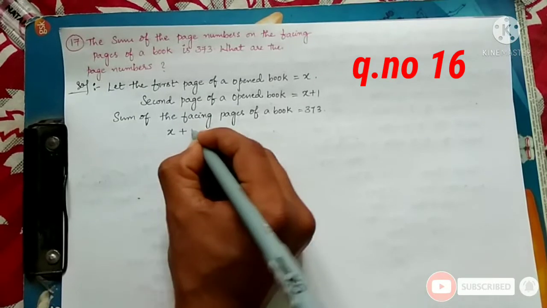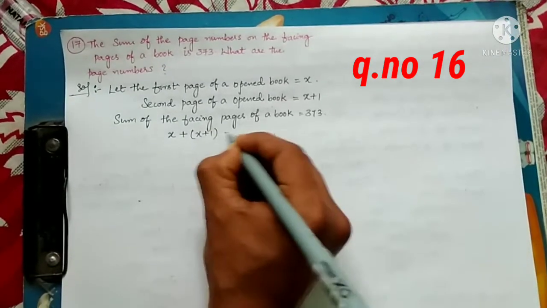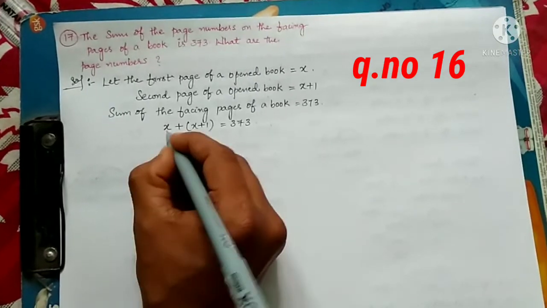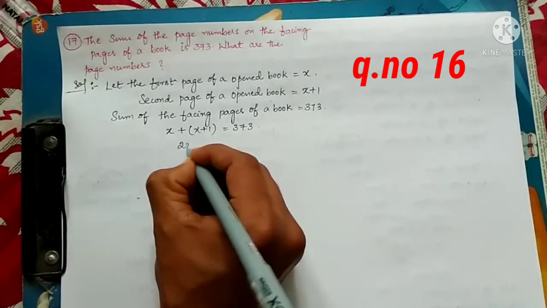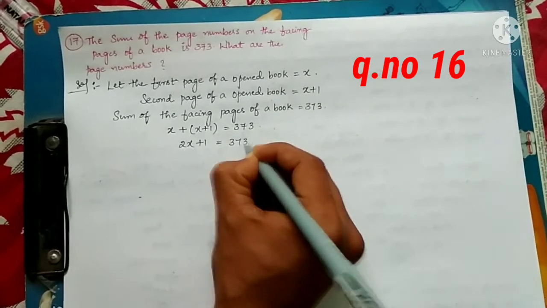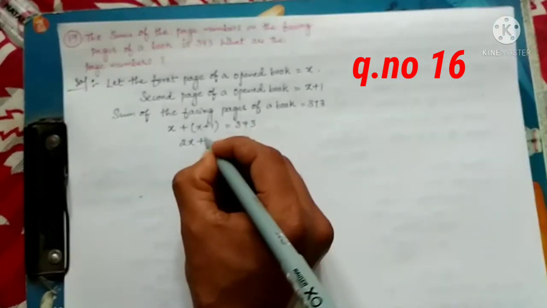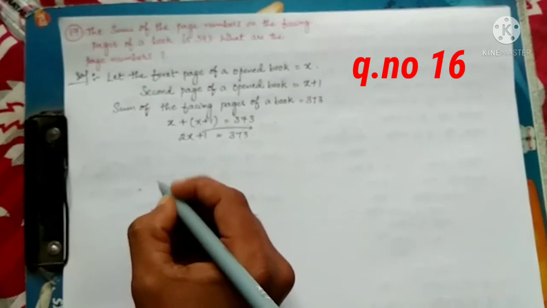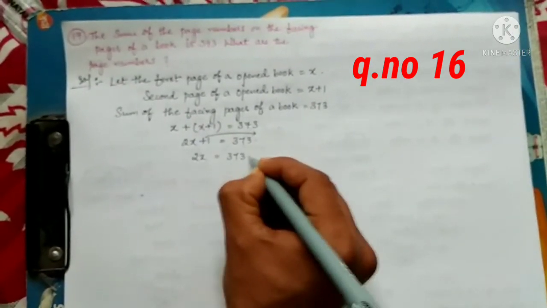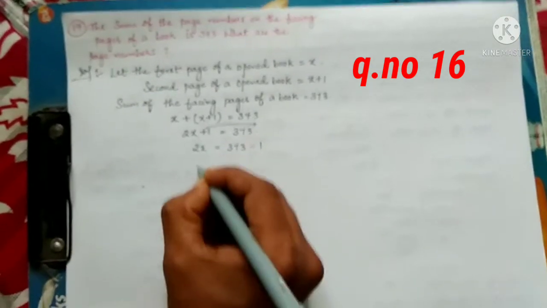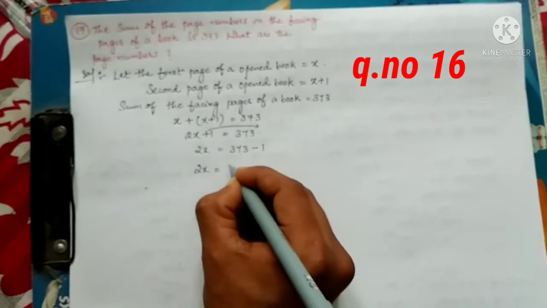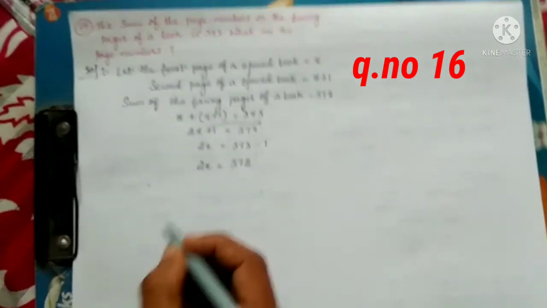Now, what are those two numbers? x plus x plus 1 is equal to 373. x plus x is 2x, so 2x plus 1 is equal to 373. Transpose this plus 1 to the right side, we get 2x is equal to 373 minus 1, which is 372.